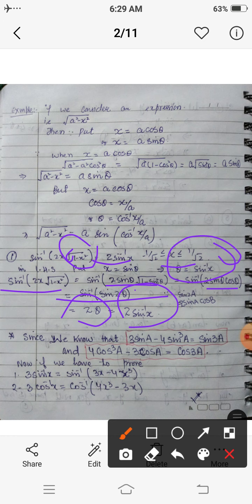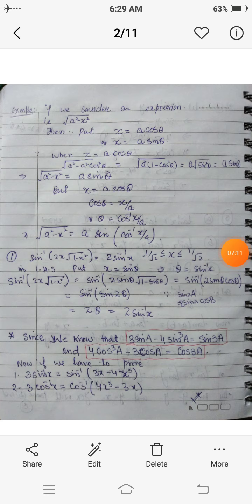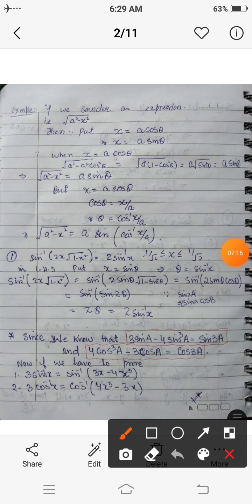You also know that sine 3a is 3 times sine a minus 4 sine cube a, and cos 3a is 4 cos cube a minus 3 cos a.